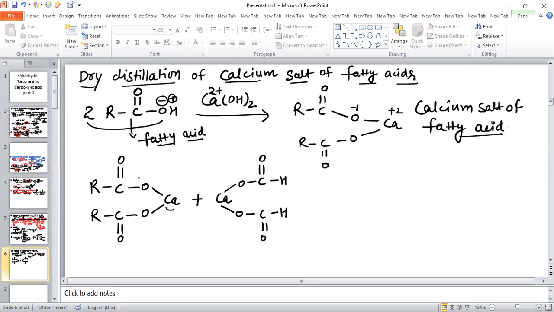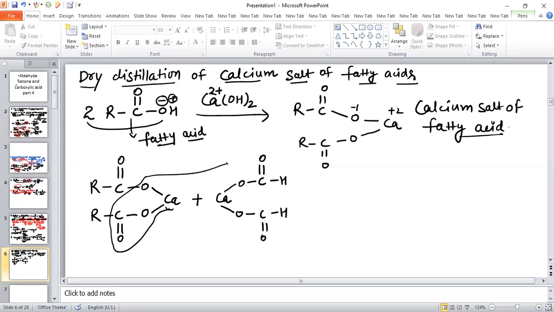Now you can say in this case this is basically calcium carbonate, CaCO3, and this is also calcium carbonate, CaCO3.